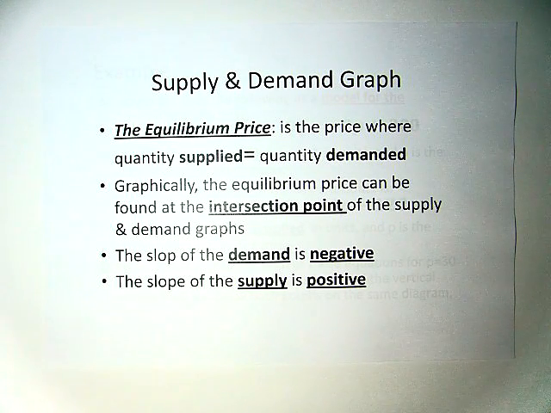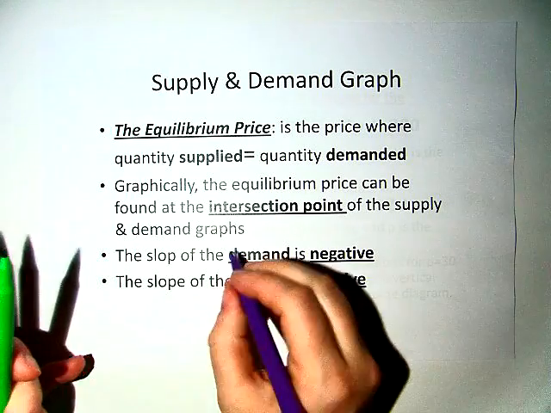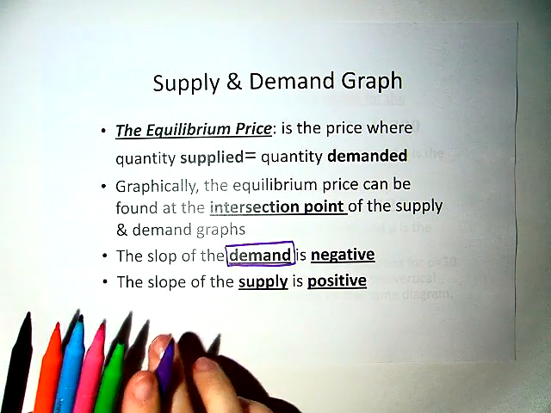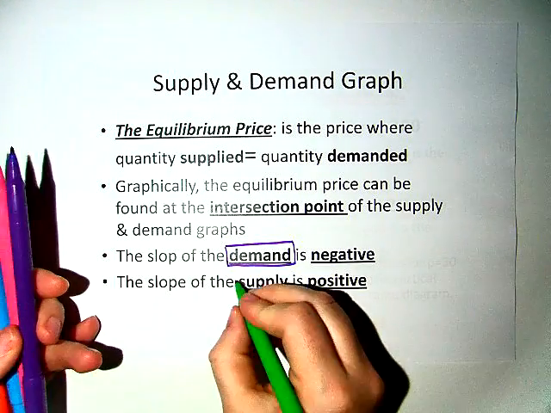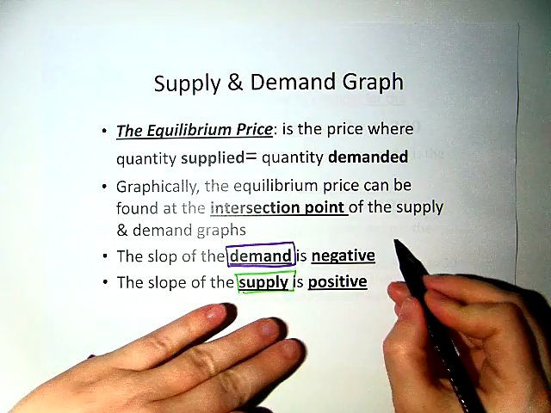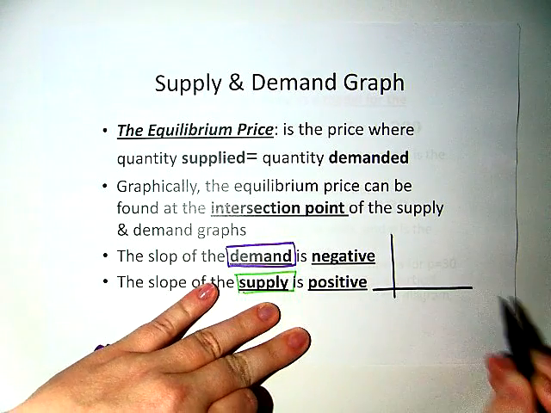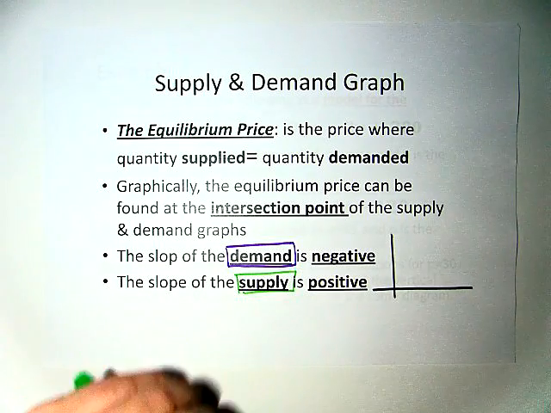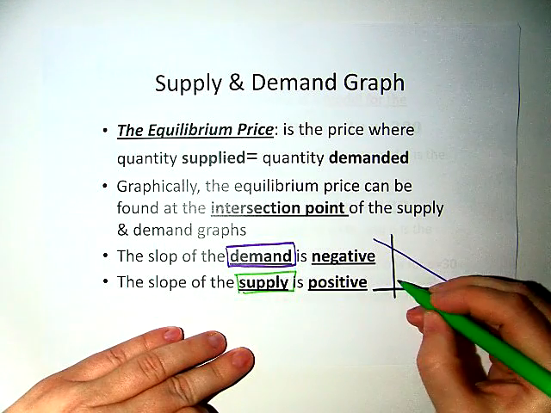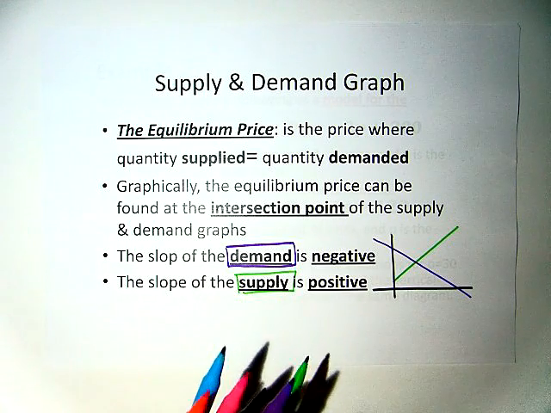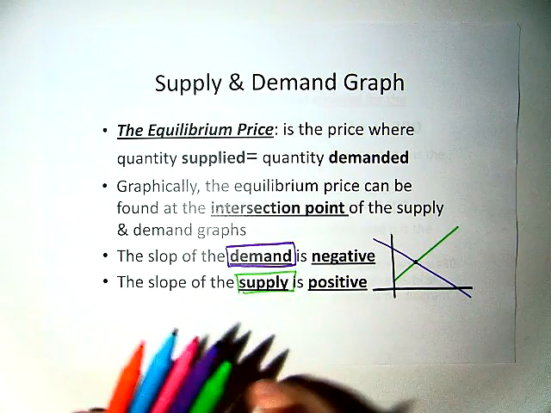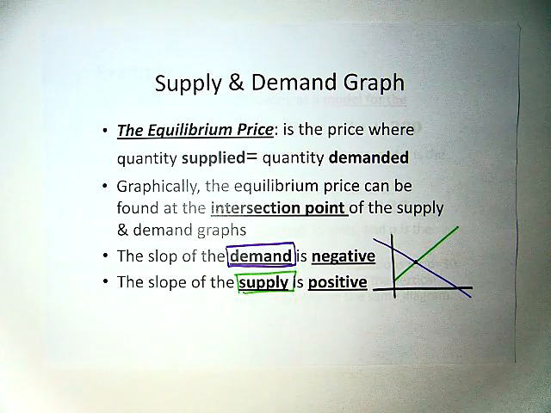The slope for the demand function is always negative, and the slope for the supply function is always positive. So on a chart like this, the demand function will go down, the supply function will go up, and the point where they intersect is called the equilibrium price.